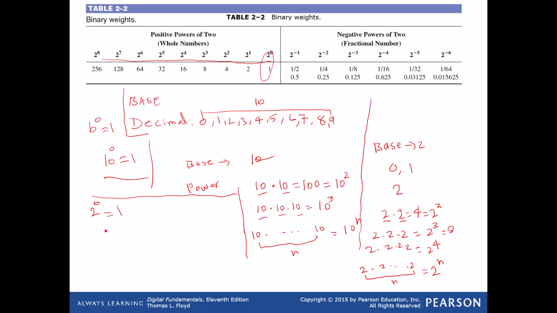Then what happens if I have a negative power? What if I have 2 to the negative 1? This is the same as 1 over 2. And 2 to the negative 2 is the same as 1 over 2 to the 2, which is 1 over 4, and so on. Let's do one more. 2 to the negative 3 is equivalent to 1 over 2 to the 3.